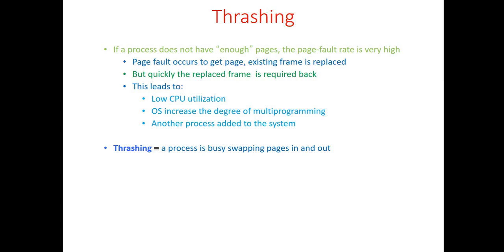The OS increases the degree of multiprogramming because of low CPU utilization. When the degree of multiprogramming is increased, additional processes will be brought into the main memory, which increases the thrashing, and hence more page faults occur.